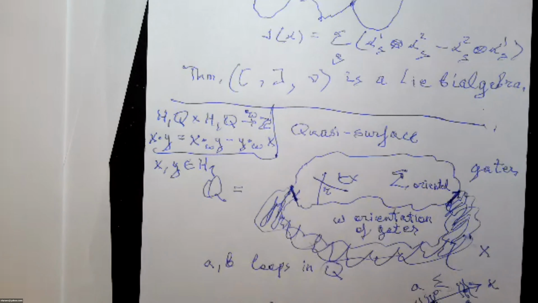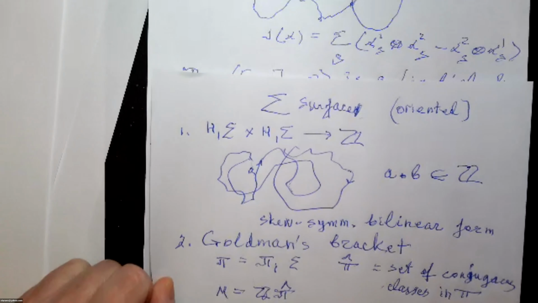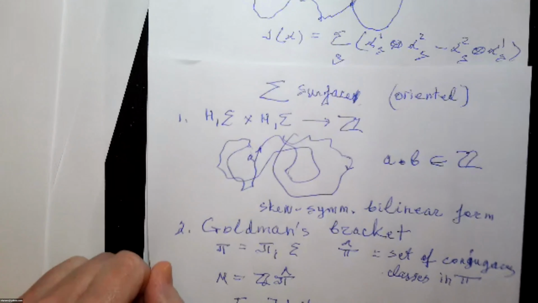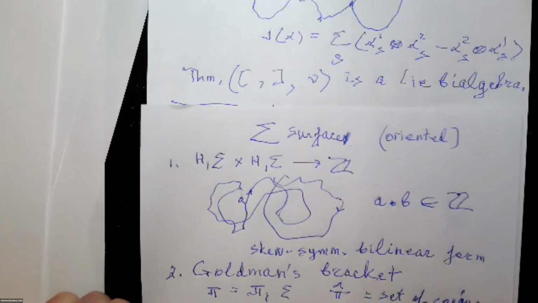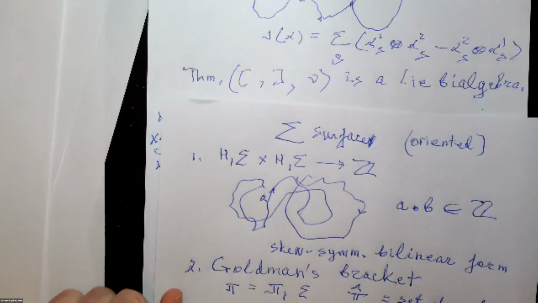Now we can ask, can we act similarly with the Goldman bracket, with the co-bracket, and with the pairing? If yes, what would it mean?